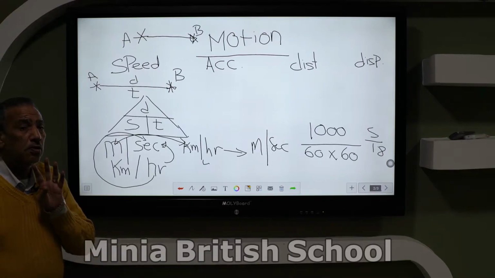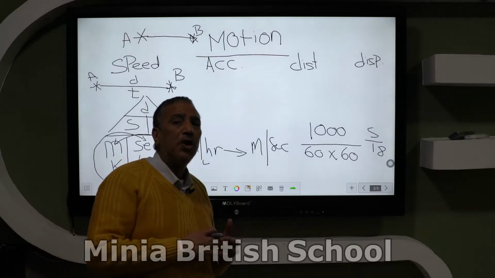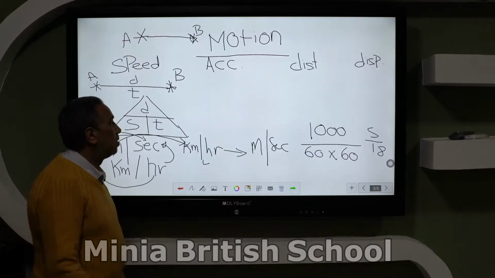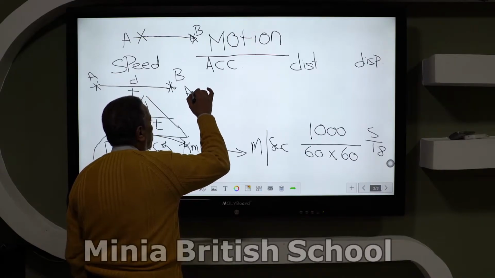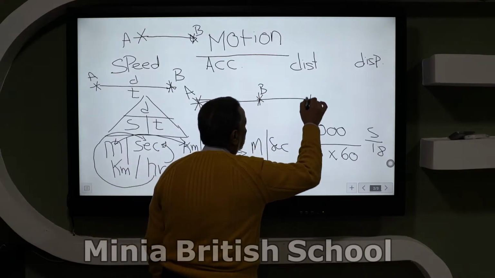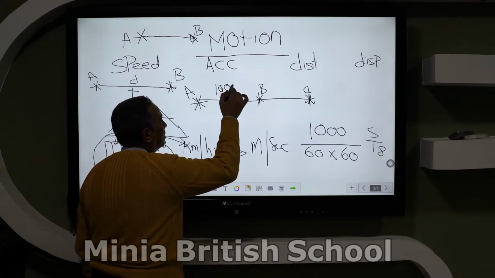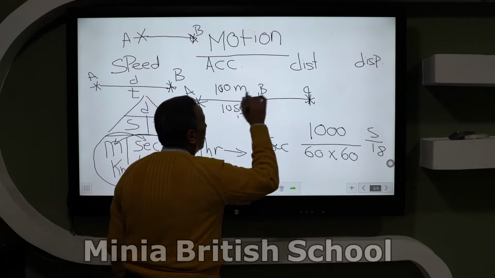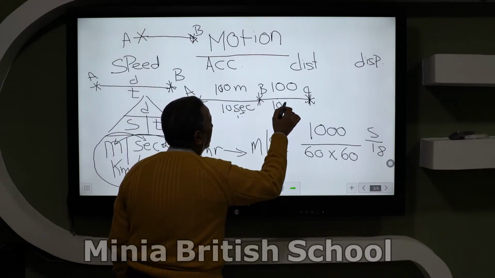We have different types of speed according to the kind of motion of the body as it transfers from one position to another. The first one: if you have an object at position A, transferred into B and then into C, covering 100 meters in 10 seconds, then another 100 meters, also in 10 seconds.